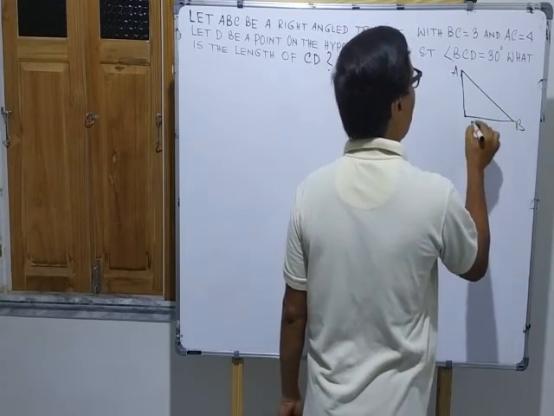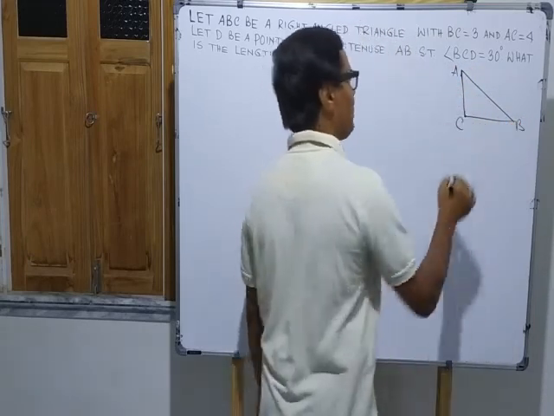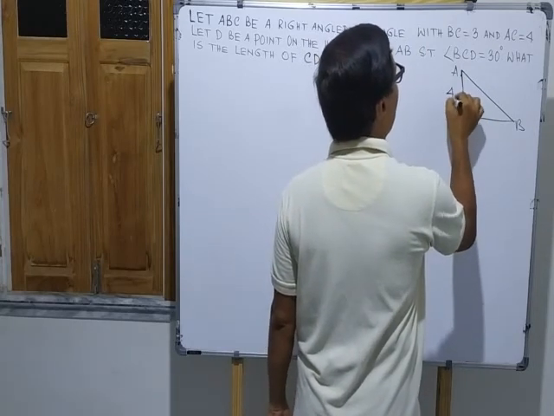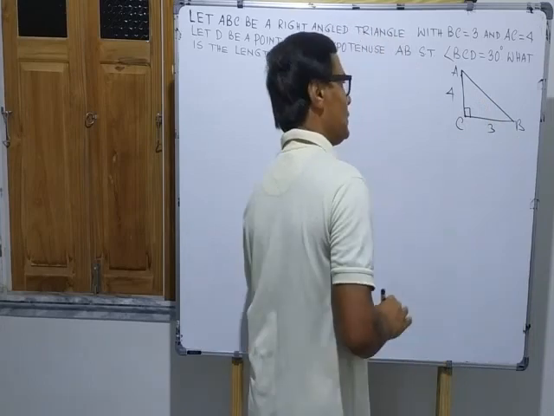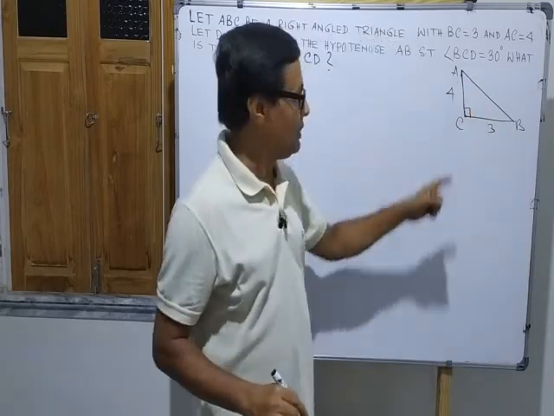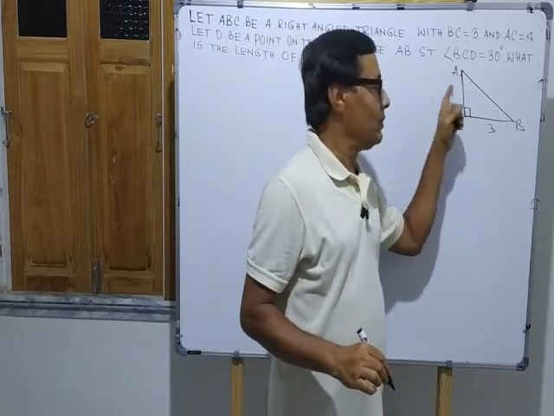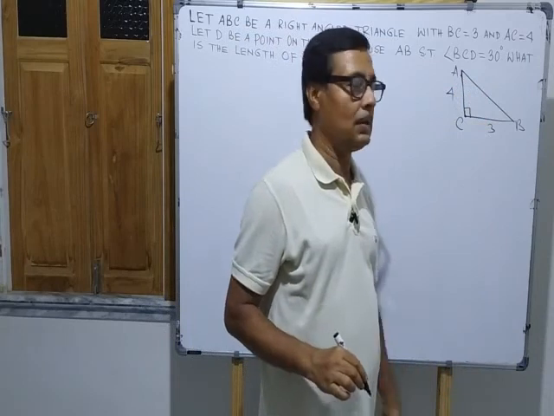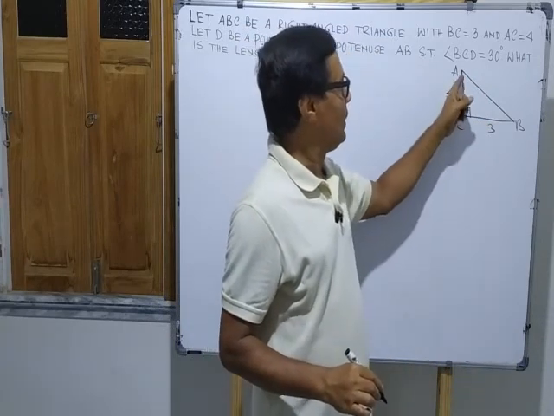Here AB is the hypotenuse, angle ACB is 90 degrees. Here AC is 4 and BC is 3. So obviously AB is 5 because ABC is a right angle triangle. By applying Pythagoras theorem, we can find the length of AB.